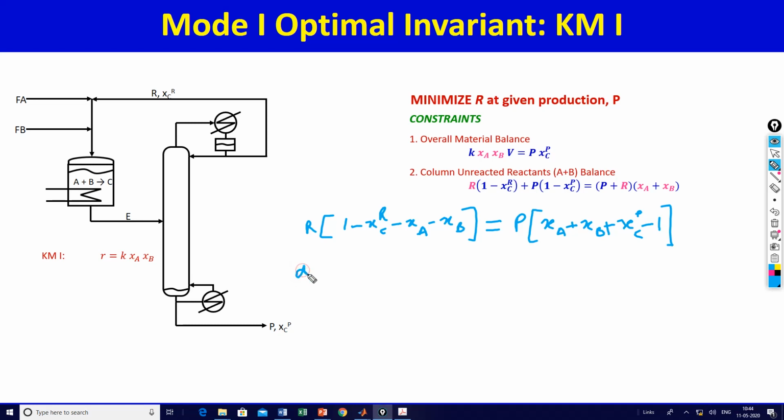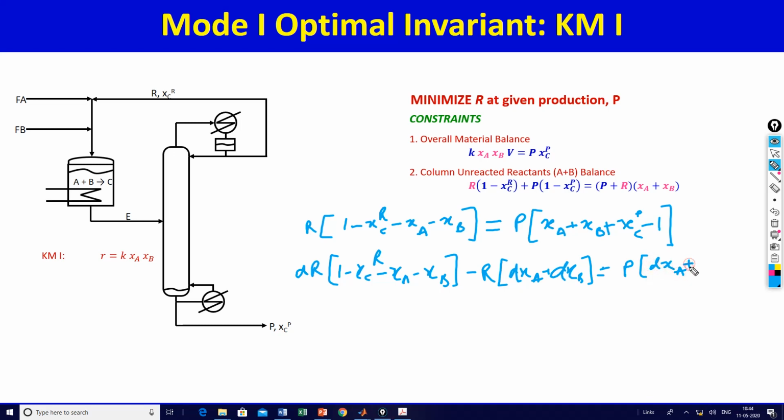So then what you will get is dR times 1 minus XCR minus XA minus XB, minus R into dXA plus dXB. P is fixed, it's given, so this should be equal to P times dXA plus dXB. By the way, in the equations written above, the variables are shown in the magenta color and the constants are shown in the blue color.